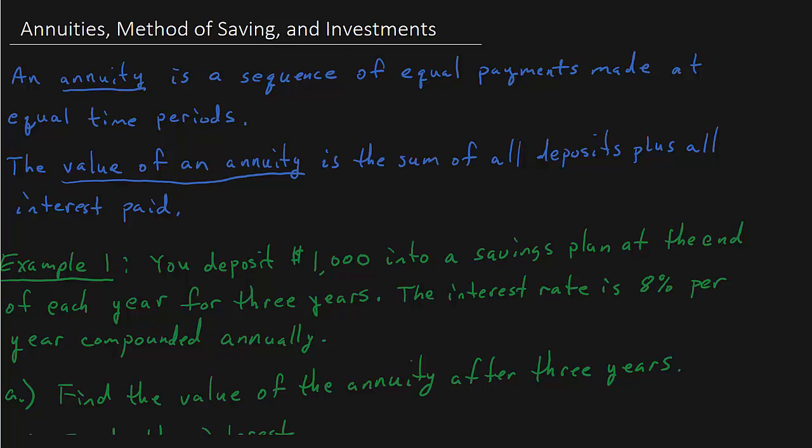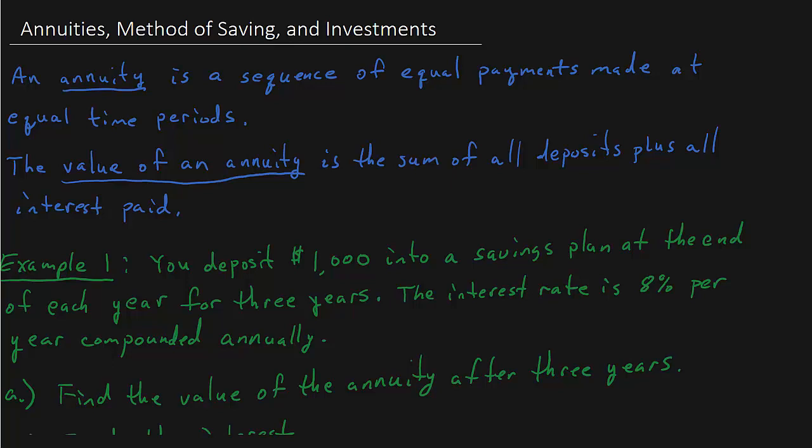You're making that same payment. The amount is the same at the end of each period, and how much are you going to have after a certain time? It's adding all those payments up plus the interest that you're getting.